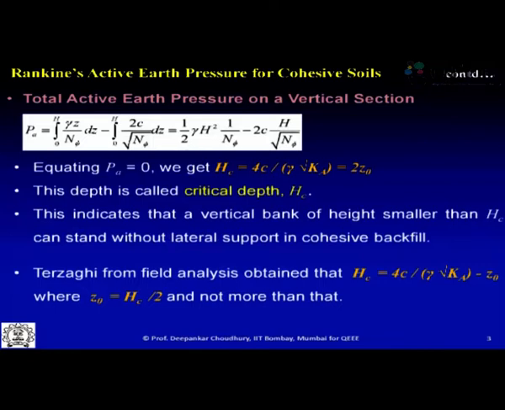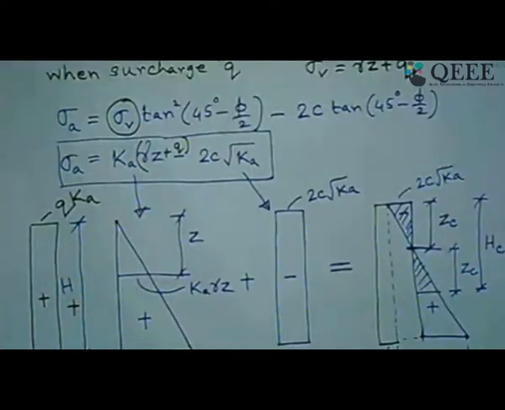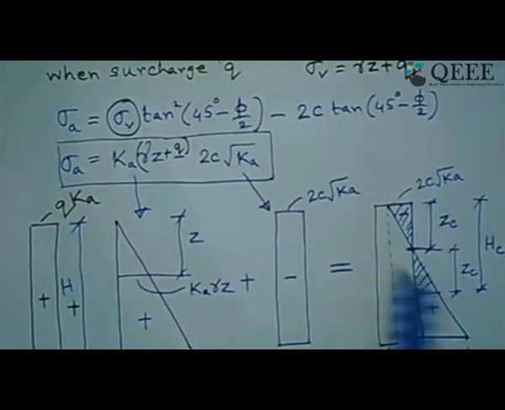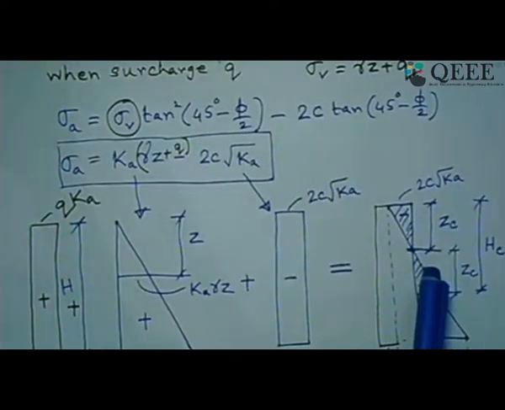If we look back at yesterday's derivation, the distribution of earth pressure behind a retaining wall for the active state when both C and phi are present is something like this. From that concept we have seen that there is a zone of tension crack, and the depth of the zone of tension crack is ZC.